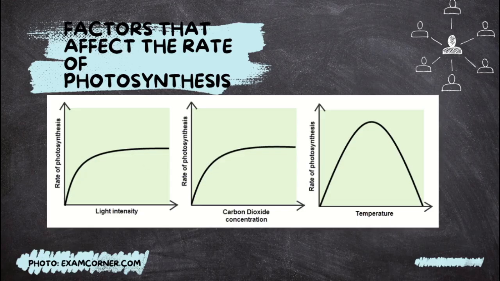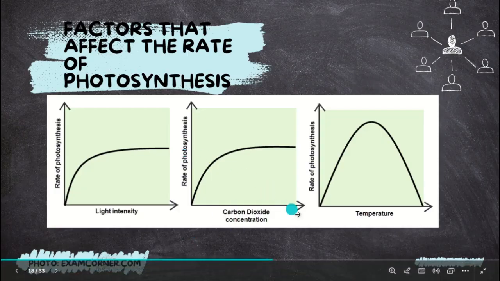It just maintains that rate because the plant cannot photosynthesize any faster. And as I said before, if the light is way too much, the plant might not respond well to that amount of light. Something becomes the limiting factor, the plant cannot photosynthesize any further, it reaches max and levels off.